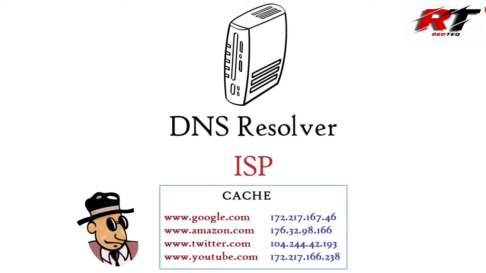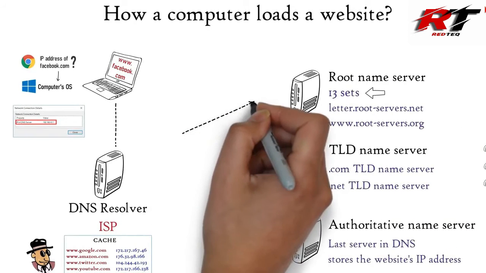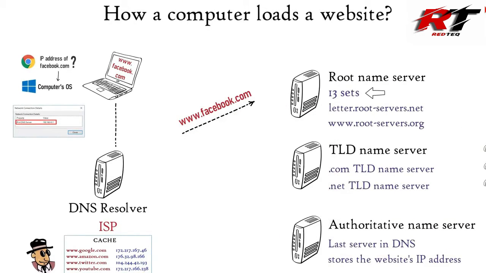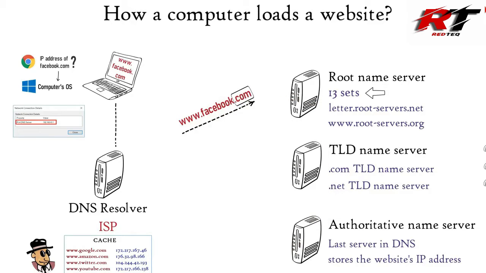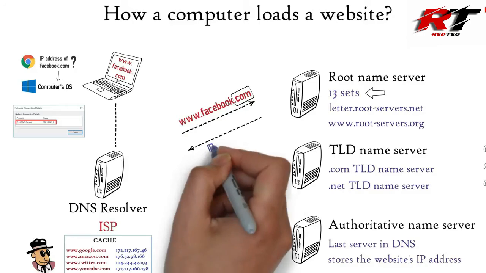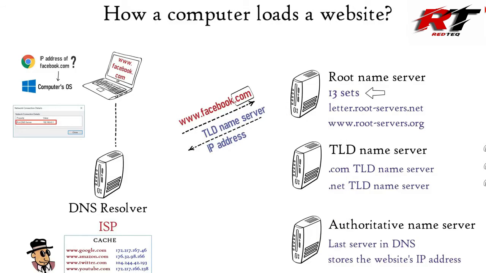The DNS resolver checks its cache to see whether it has the IP address of the requested website. If not, the DNS query is forwarded to the root name servers. The root name server checks the extension of the website, whether it is .com, .org, .net, .in, etc. Based on the extension, the root name server provides the IP address of the TLD name server to the DNS resolver.